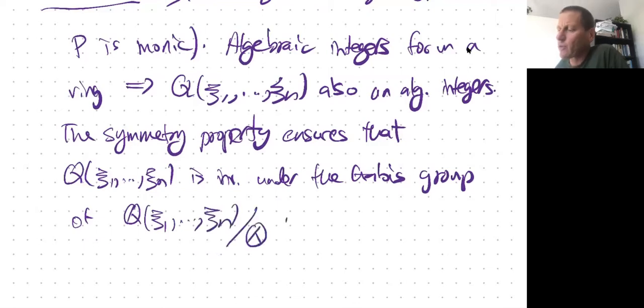Again, I'm not assuming that you really care about this or that you remember all of this, but for those who do, the symmetry basically says that this number is invariant under the Galois group.